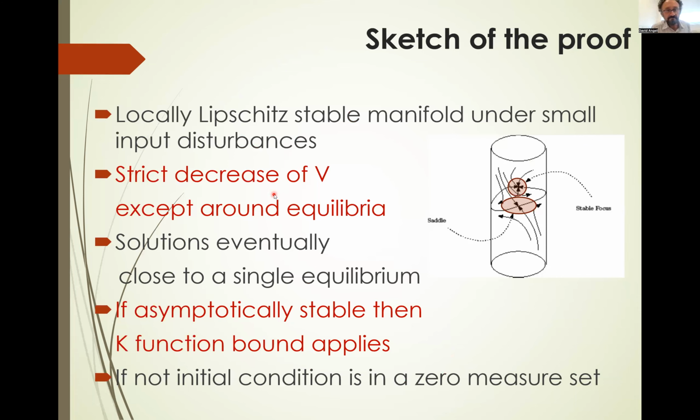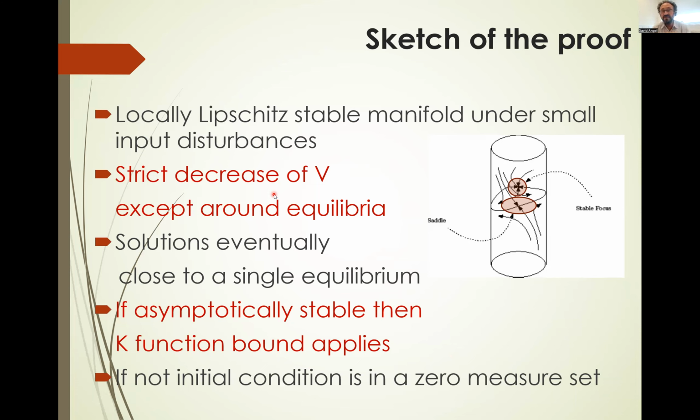Okay, so sketch of the proof. Basically the idea is that for big disturbances, there's nothing to prove, because for big disturbances, we've got ultimate boundedness. So we can tune our K infinity function to be sufficiently big for big disturbances so that we know that we end up in this invariant set. So the only thing we've got to care about are small disturbances.